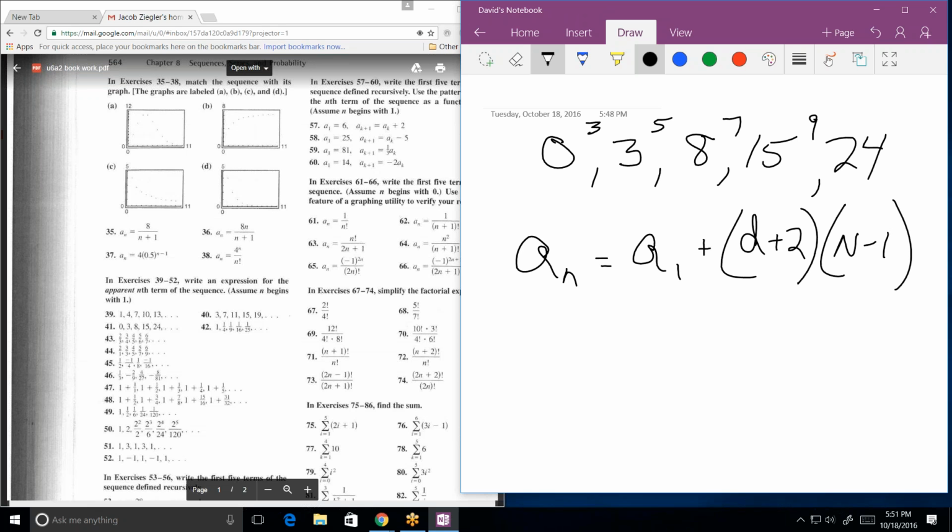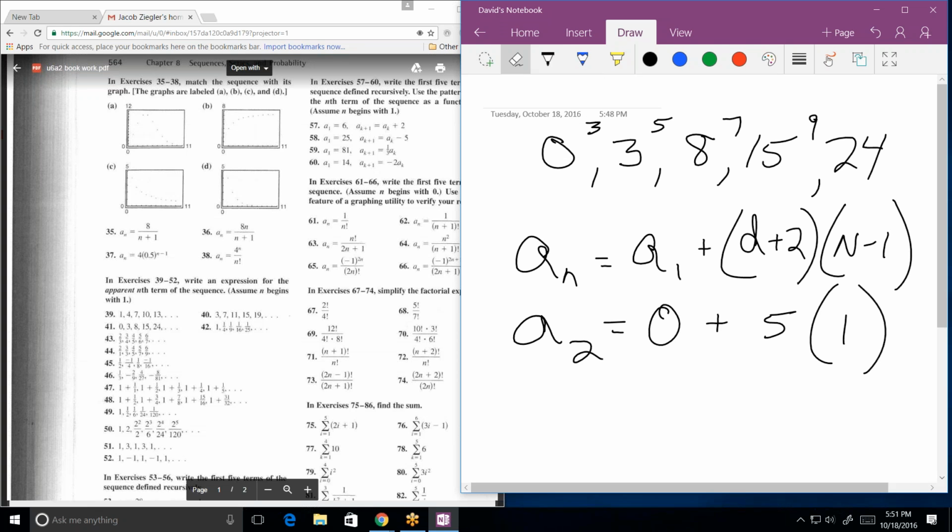Let's see, the common difference is 3. So a sub 2 would be 0 plus 3 plus 2, 5 times 1. No, doesn't work. How did they teach you to do these?